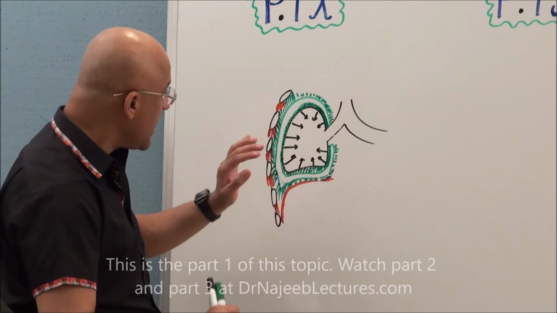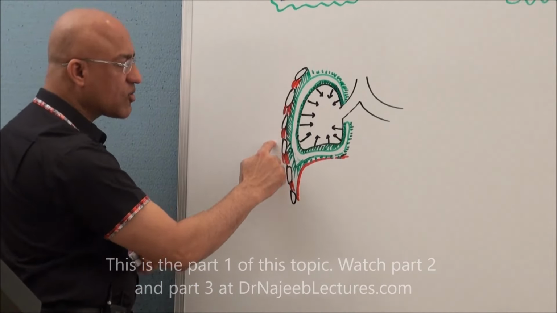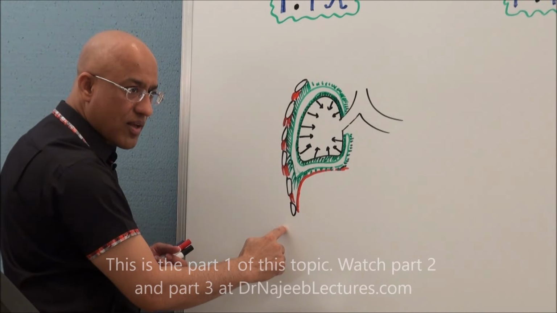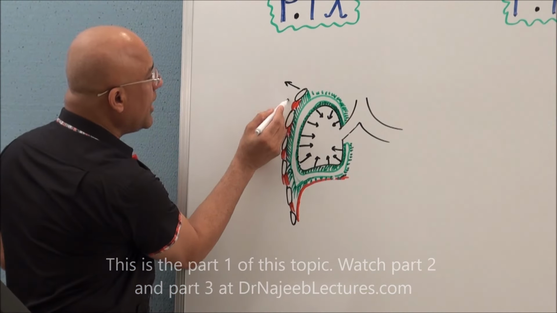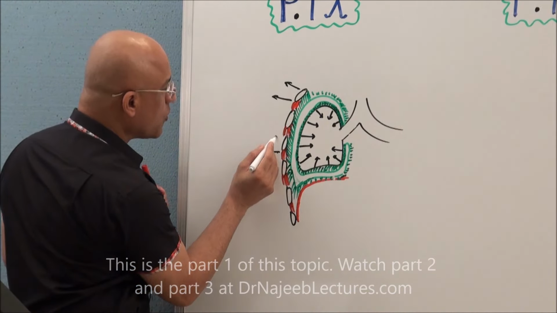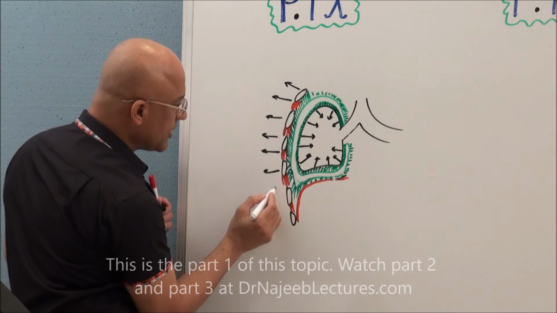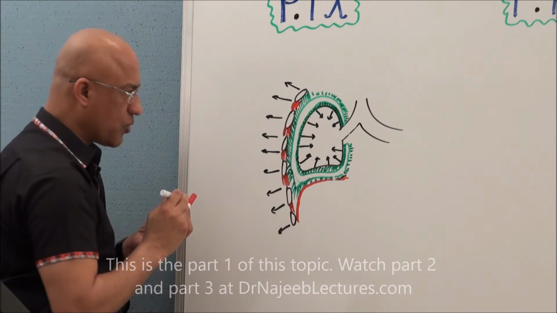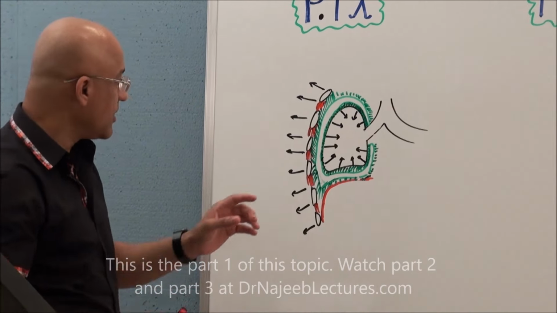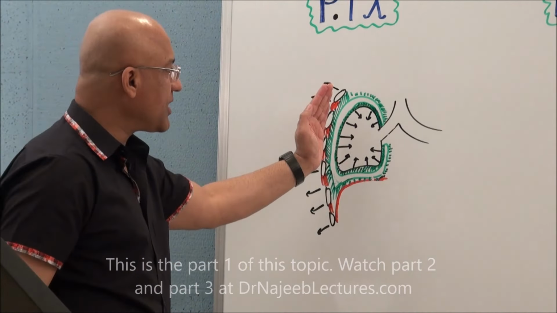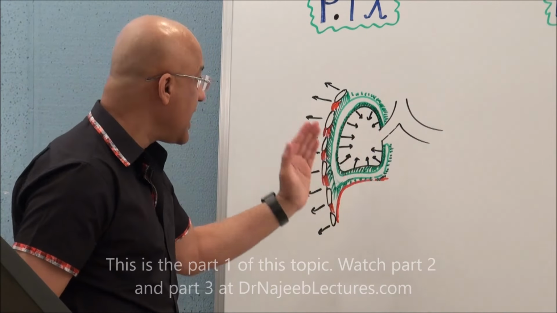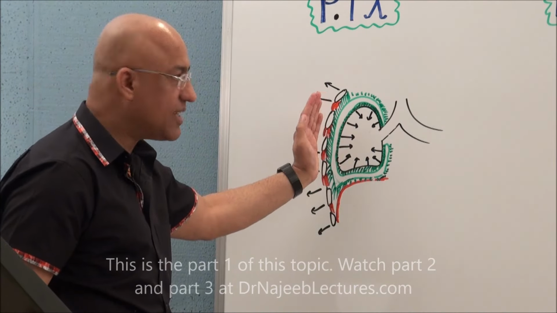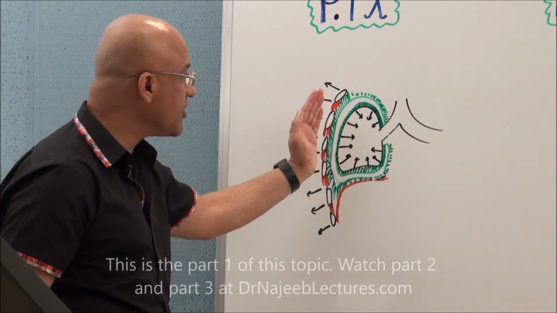In the same way, our chest wall has a tendency to recoil outward, right? Lungs have a tendency to bounce inward, and chest wall has a tendency to bounce outward.